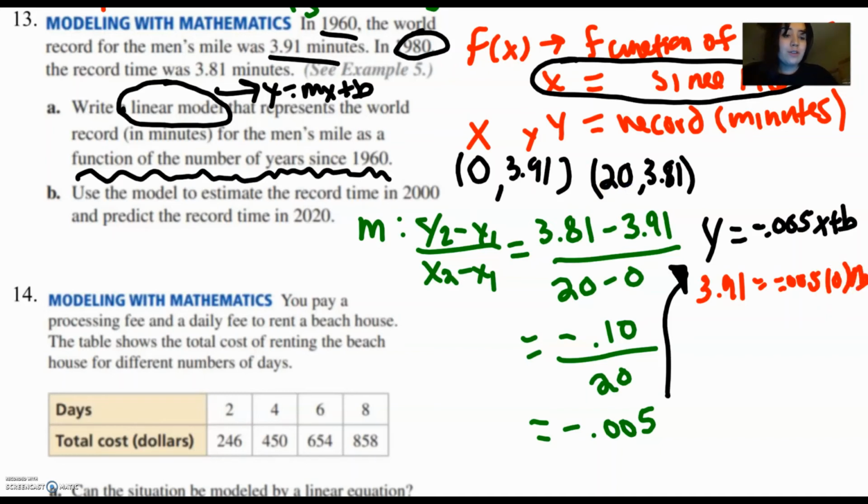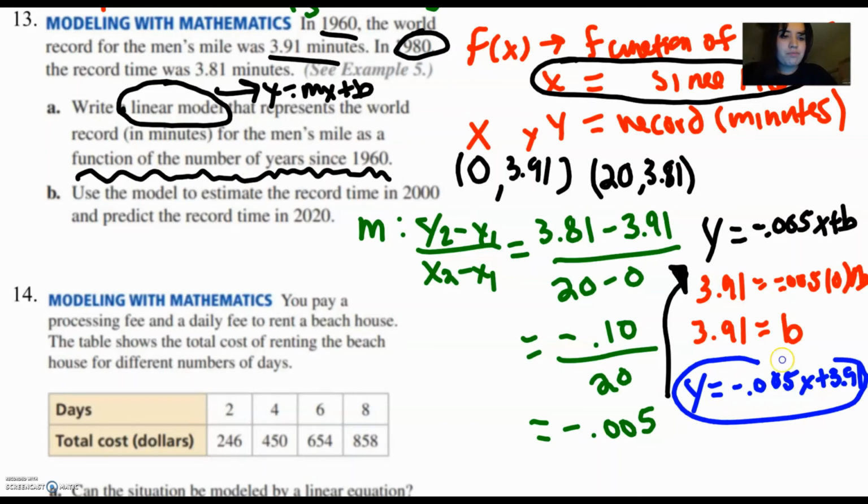Okay, 0 times anything is 0, so we're going to get 3.91 equals b. So we'll rewrite this and we'll get y equals m, which is negative 0.005 x plus 3.91. And that is our linear model.